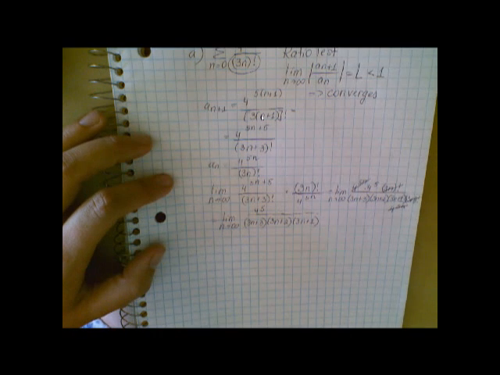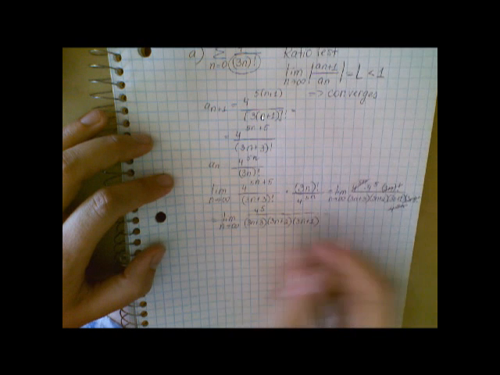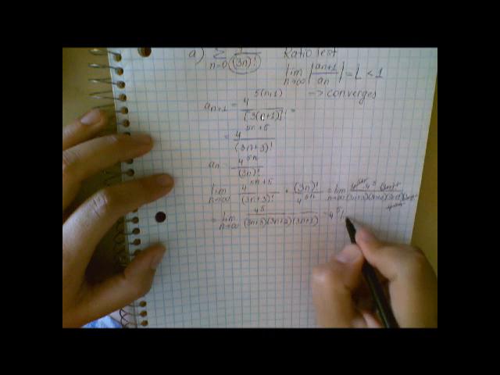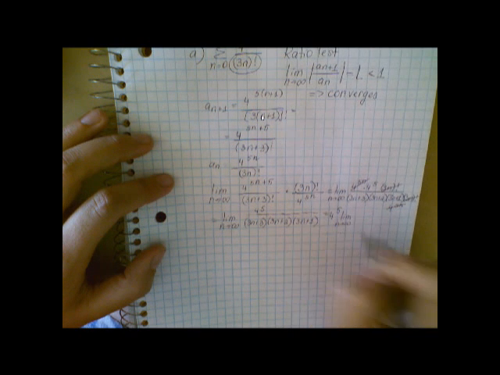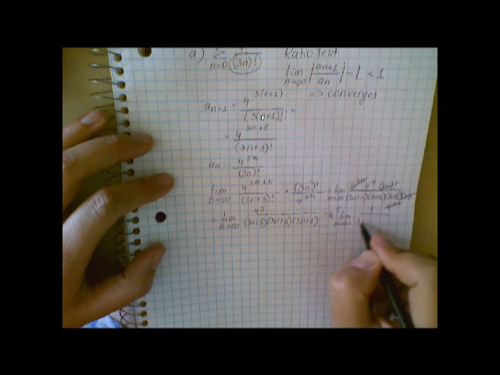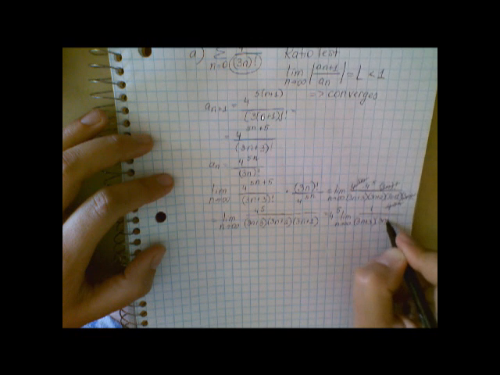So now, since 4 to the 5th does not depend on n, it can be factored out, and now I'm left with the limit as n goes to infinity of 1 over 3n plus 3 times 3n plus 2 times 3n plus 1.